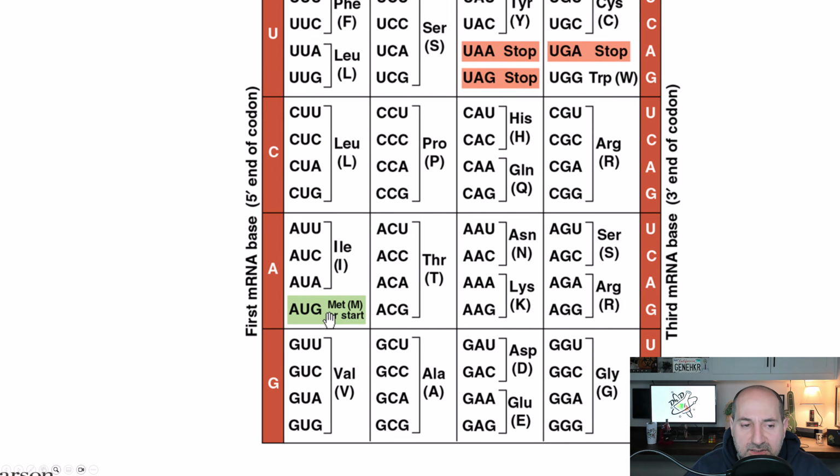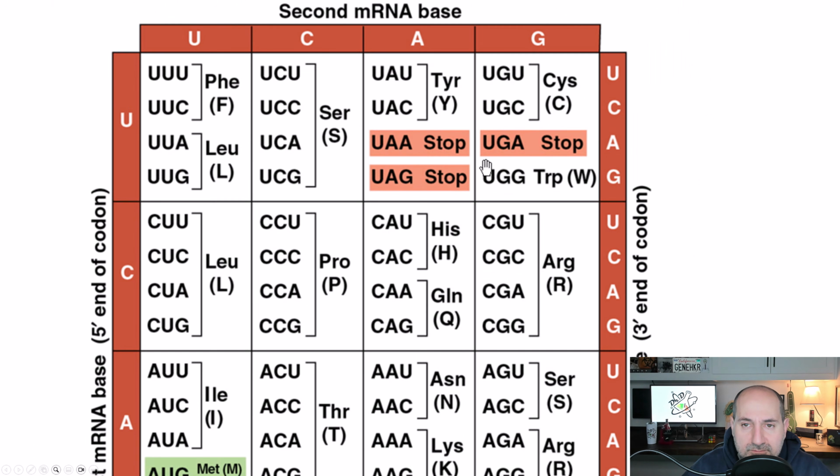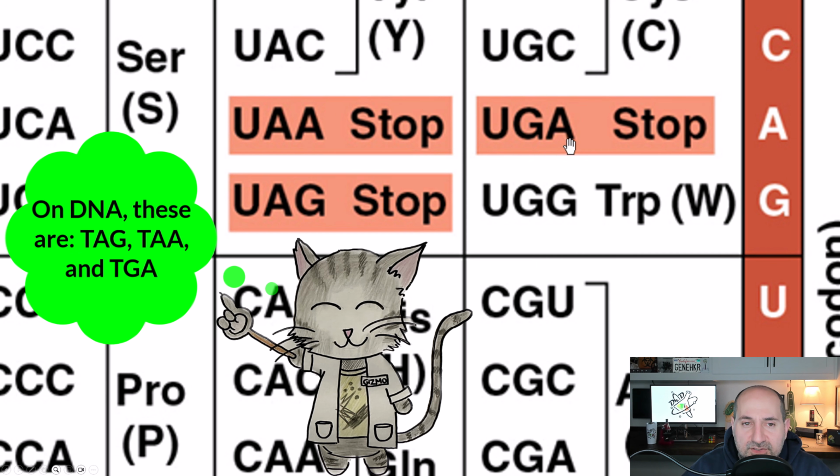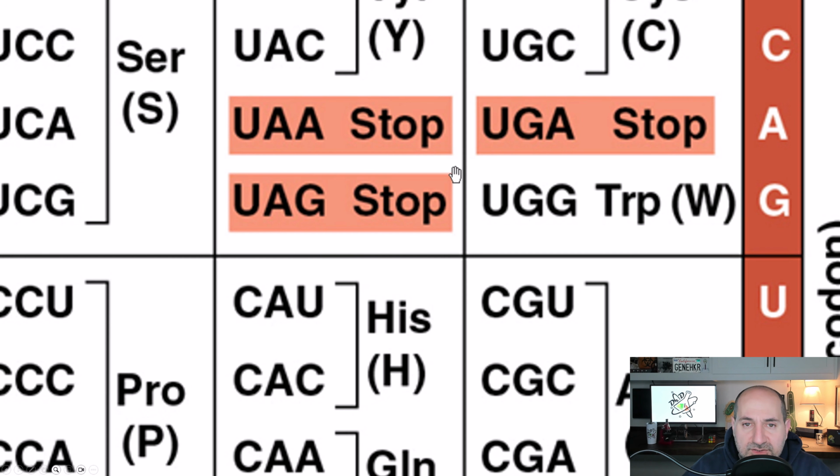And conversely, let me show you something else. There are 3 stop codons, UAA, UAG, and UGA. And these 3 stop codons, you don't need all 3. Any one of these 3 will tell the ribosome to stop translating the mRNA.